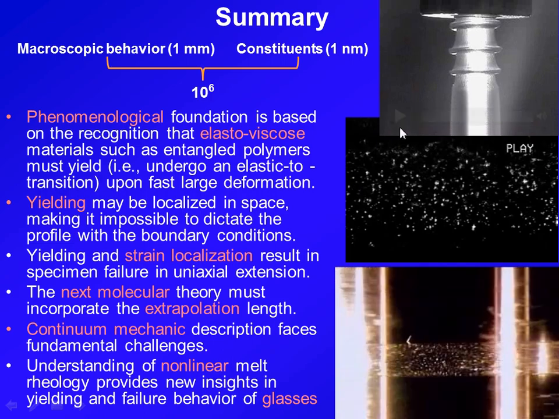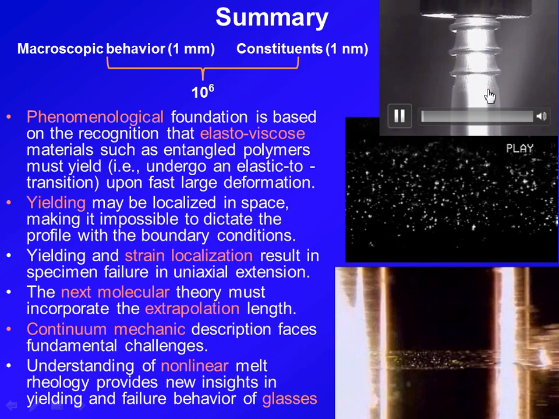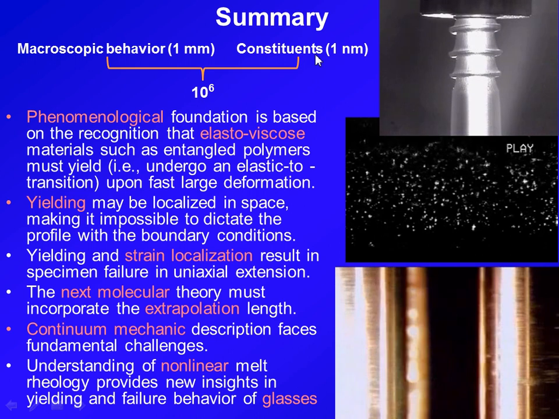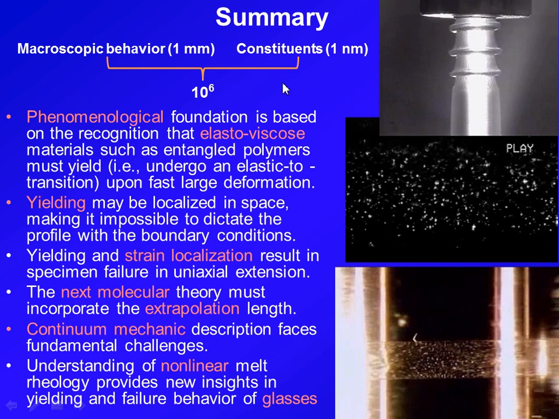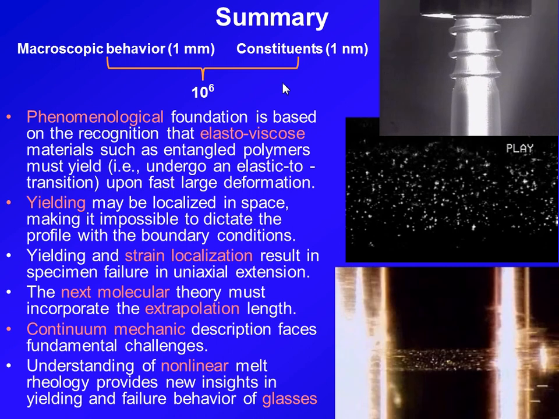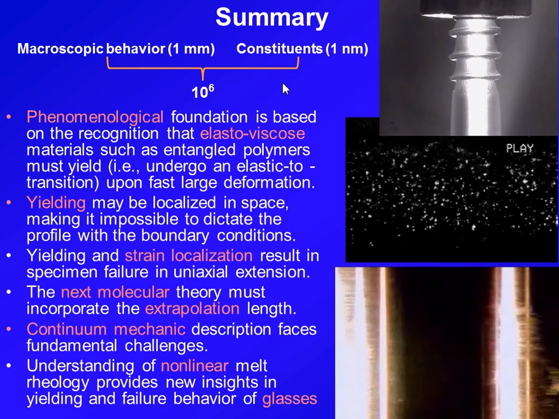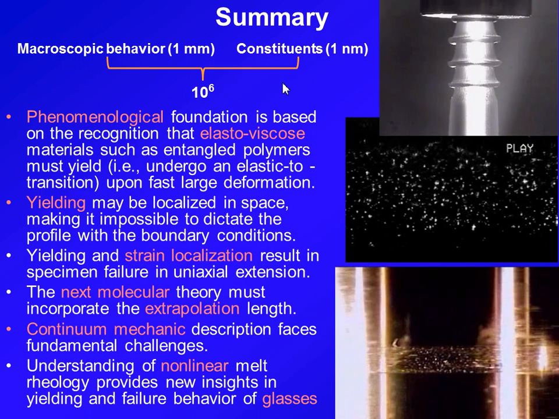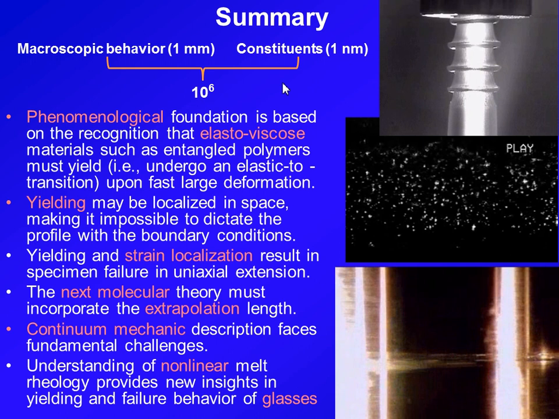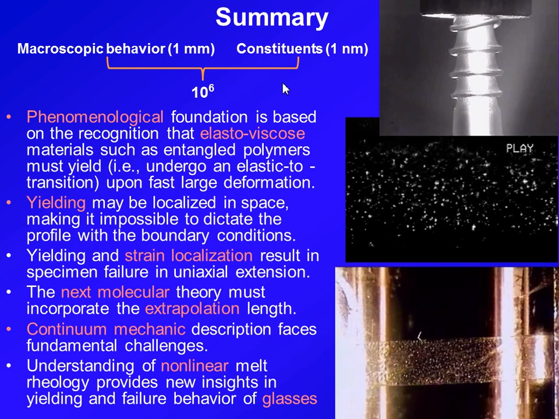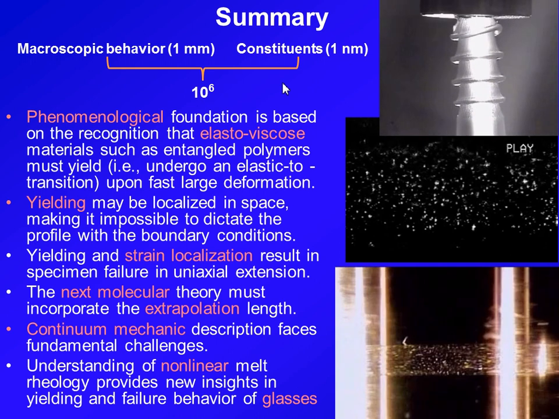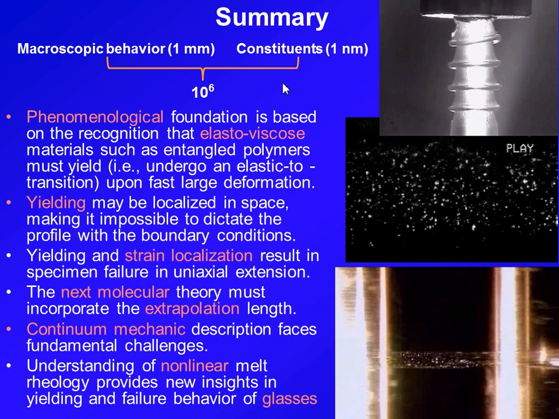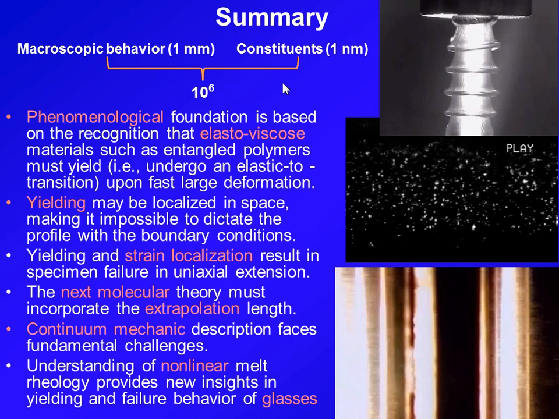So in summary, I'm back to the beginning. This picture of shark skin intrigued me for more than a decade. In other words, I knew about this phenomenon for 15 years, maybe 17 years. And it's nice, you see, it's a piece of rubber extruded out of a cylindrical die.